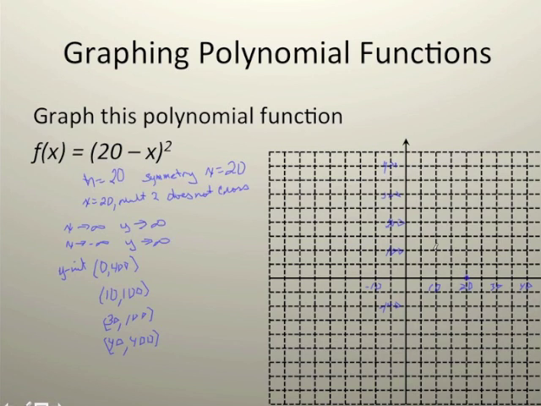We have 10, 100, and the matching symmetry at 30, 100. We have 0, 400, and the matching symmetry at 40, 400. And our graph looks similar to that.